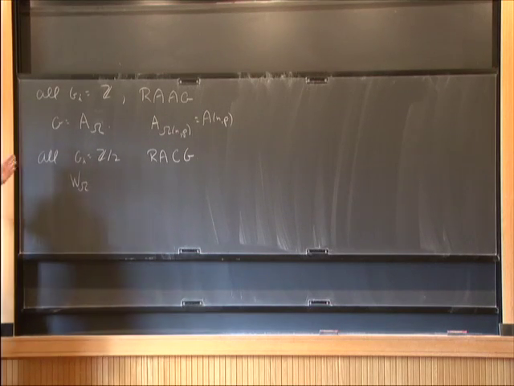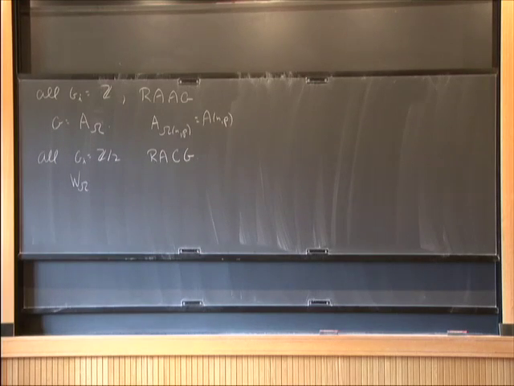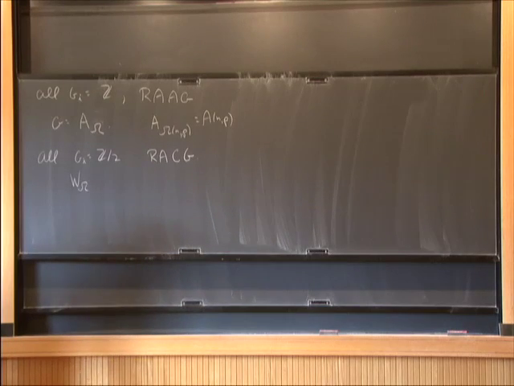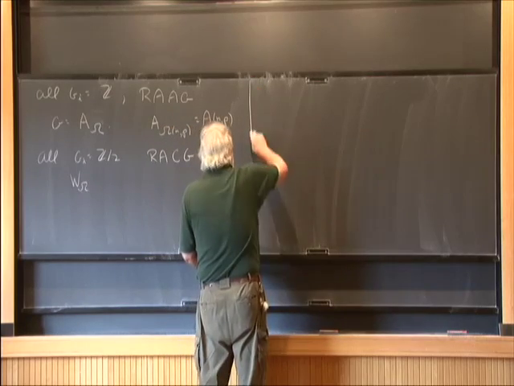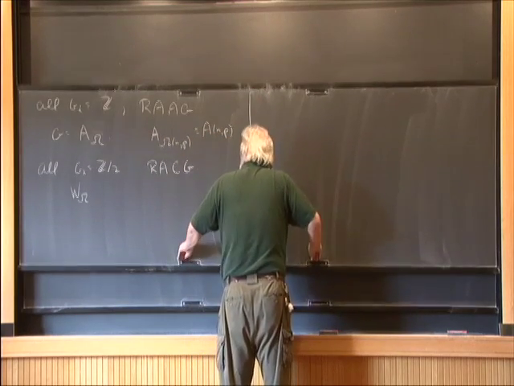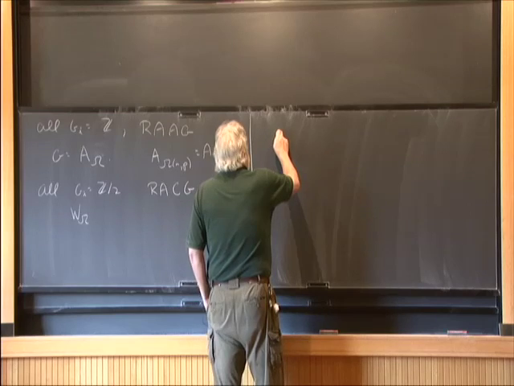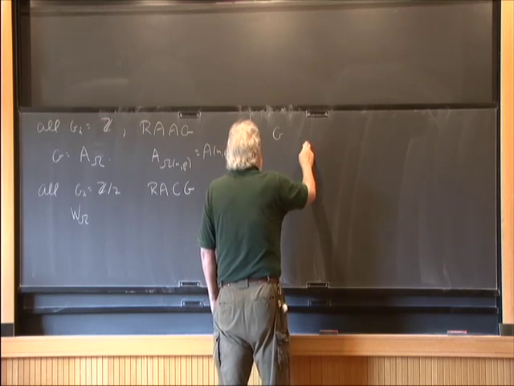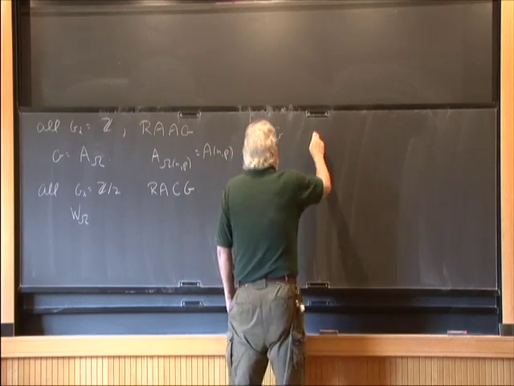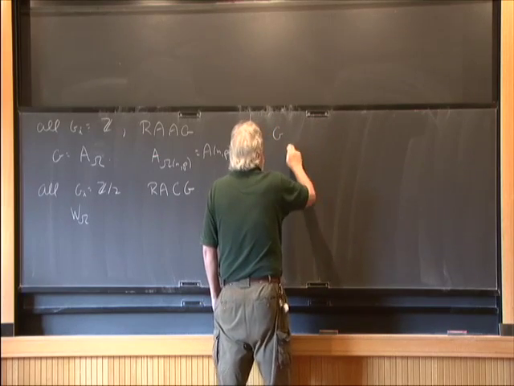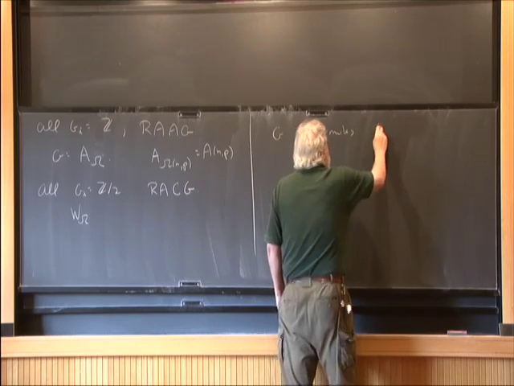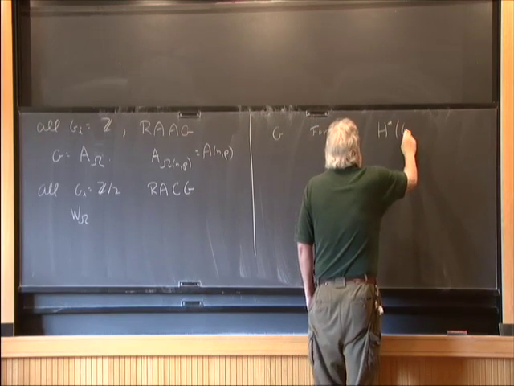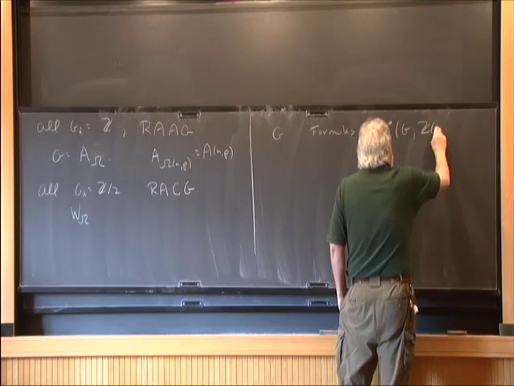Okay, now, one of the things I've been interested in calculating: in general, if we have a group G, I'm going to talk about formulas for the cohomology of G with coefficients in the group ring.